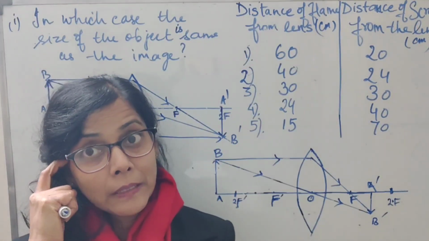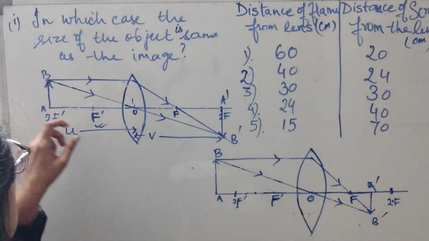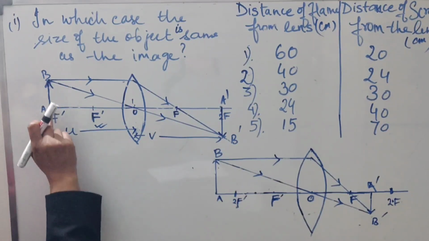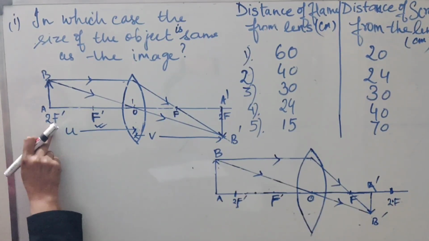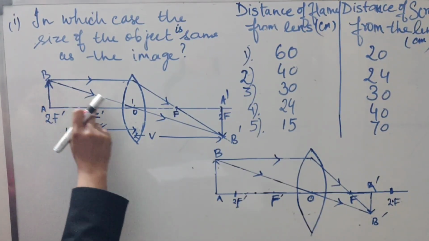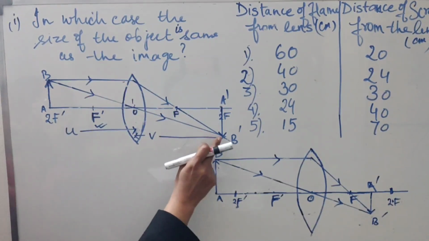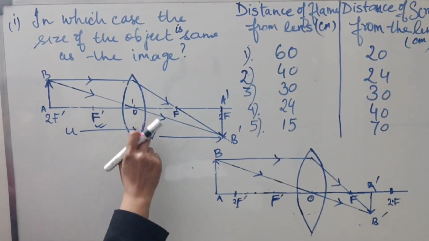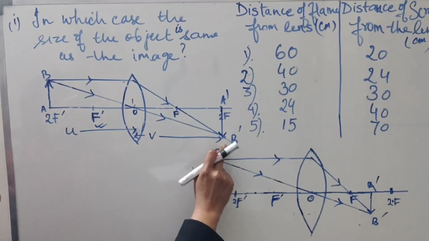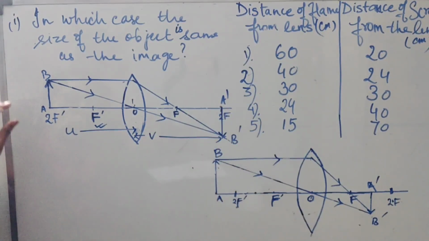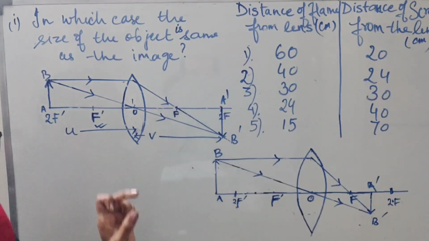So I have made the ray diagram here. You can see here the object AB is placed at 2f dash. Now we have followed the rules of this convex lens. Then after refraction the image is formed at 2f. You can see the size of the object and the size of the image is same.